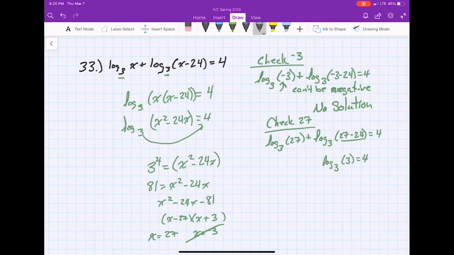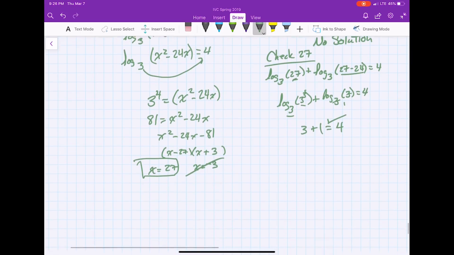And this over here is going to be log base 3 of 3, and that's going to be a 1. 3 plus 1 is 4. So 27 works out.